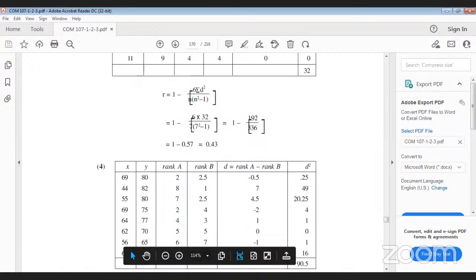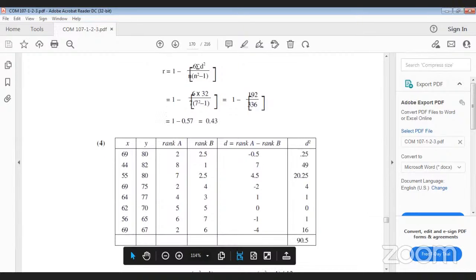For Y, the marks given are 80, 82, 10, 80, 75, 77, 70, 65, and 67.